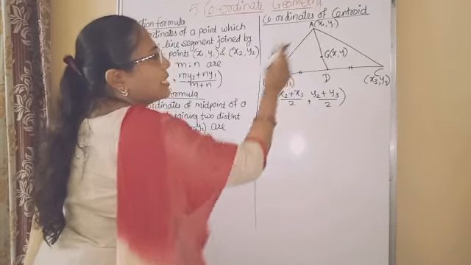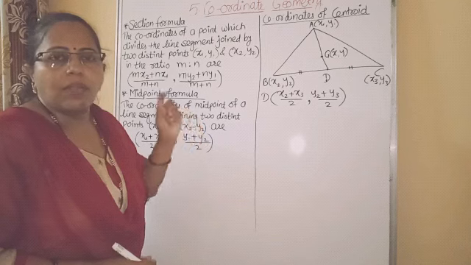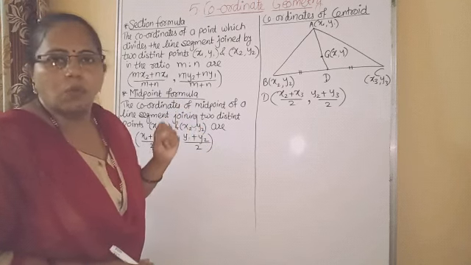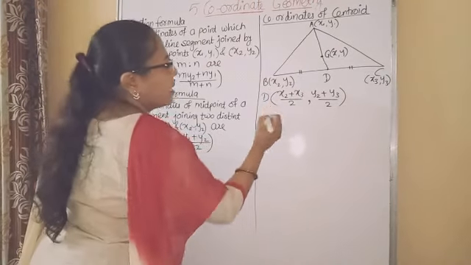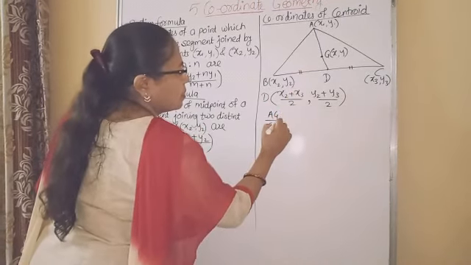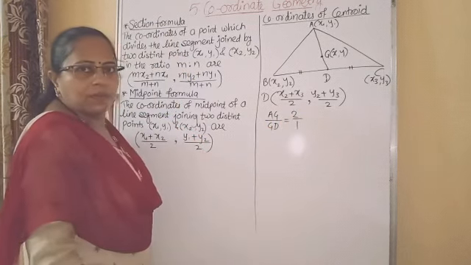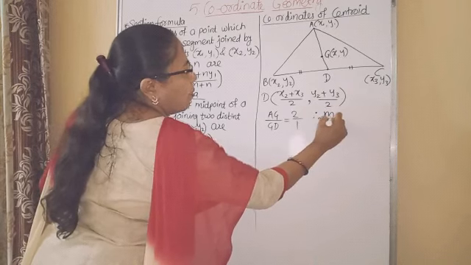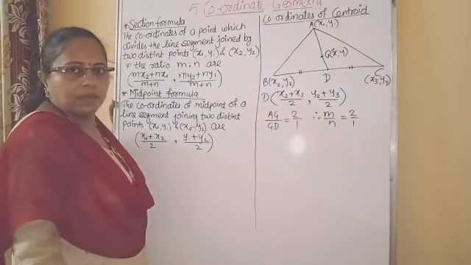Now G is the centroid, so we know the property of the centroid: the centroid divides the median in the ratio 2:1. According to that property, AG upon GD is 2 upon 1. That means here m upon n is equal to 2 upon 1.